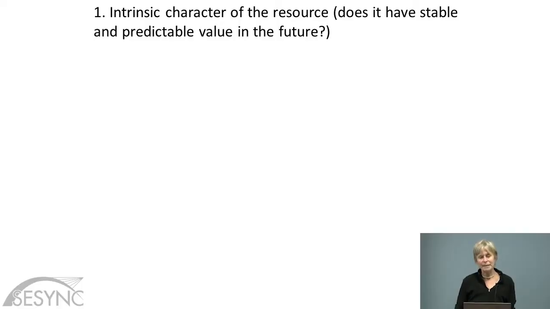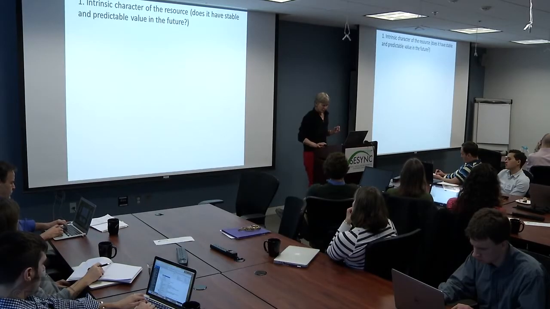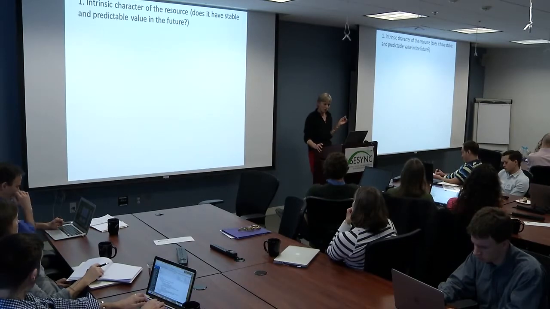With respect to the intrinsic character of the resource, and the question of whether it has a predictable value in the future, generally restraint will only pay off for an individual if he or she can be sure of benefiting from this restraint in the future. One way of thinking about this is focusing on whether the resource will have a value that persists into the future and for which there are no alternative substitutes.